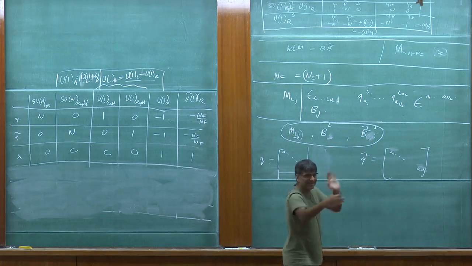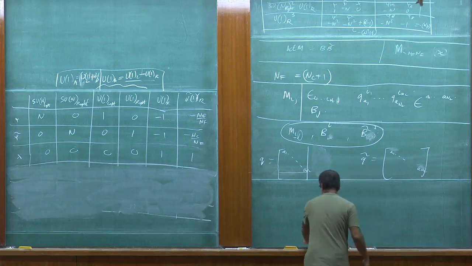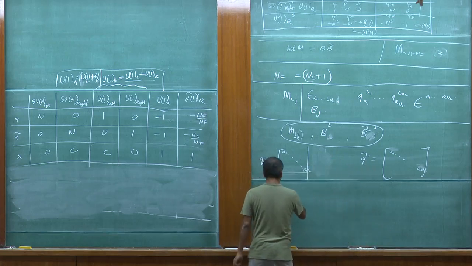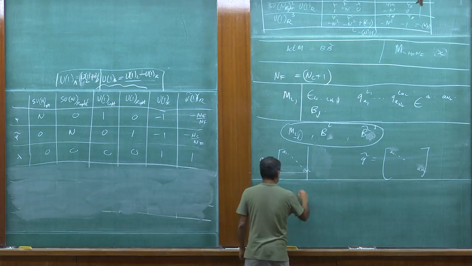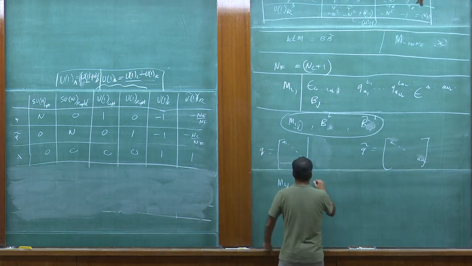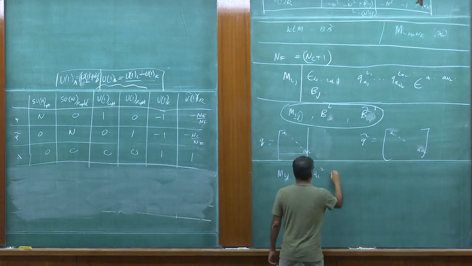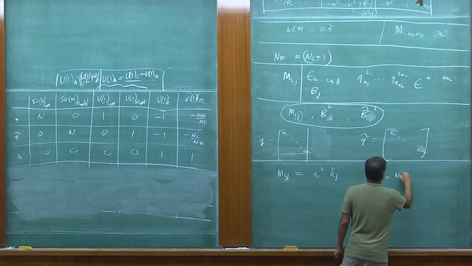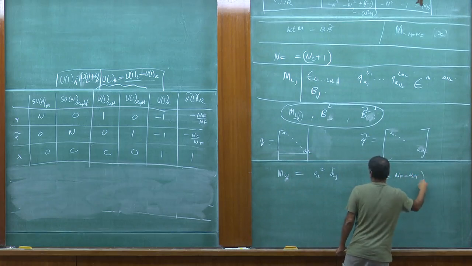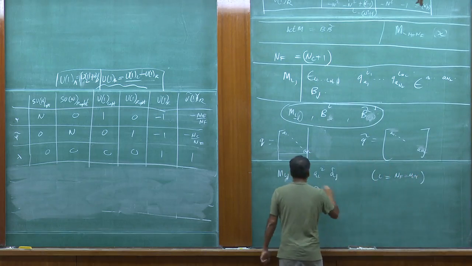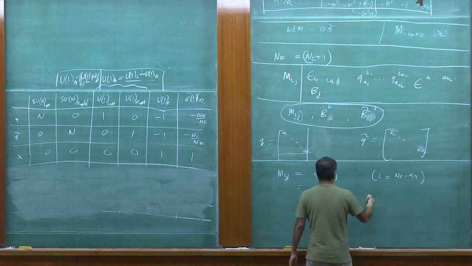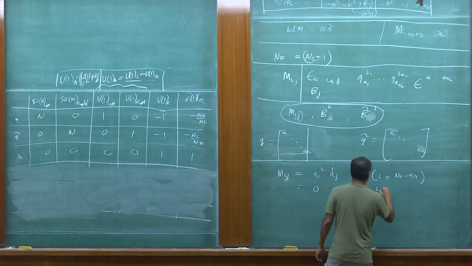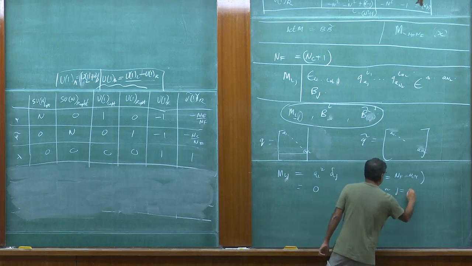In this configuration, M^i_j would be equal to a_i squared delta^i_j for i not equal to N_F, which is equal to N_C plus 1, and is equal to 0 if i or j is equal to N_C plus 1.